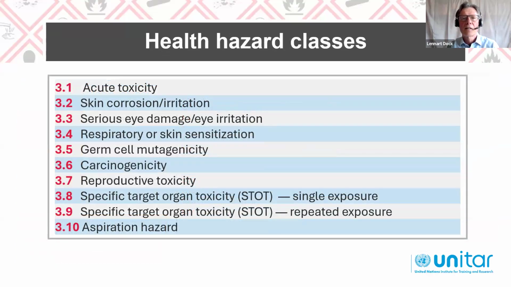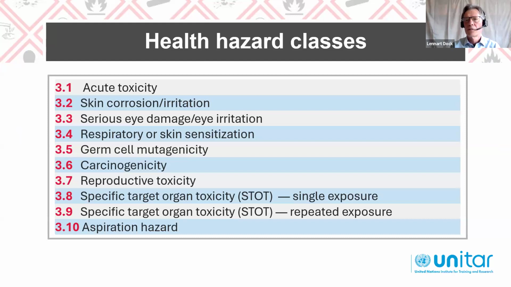Now, for health hazard classes, there are 10, and they are acute toxicity, irritation and corrosion to skin and eye. And then we have sensitization, respiratory or skin sensitization, allergic reactions. Then we have what are called the CMRs: germ cell mutagenicity, carcinogenicity, and reproductive toxicity.